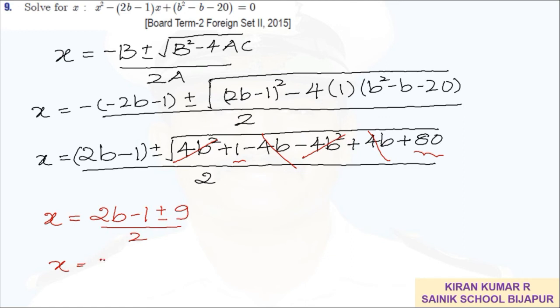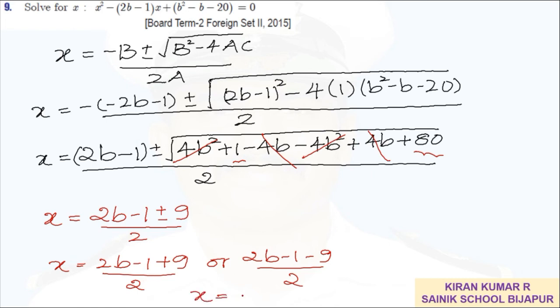So 2b minus 1, I'll take plus 1 by 2, 1 plus 9 by 2, or 2b minus 1 minus 9 by 2. Here it becomes 2b plus 8 divided by 2, upon simplification it becomes only b plus 4.